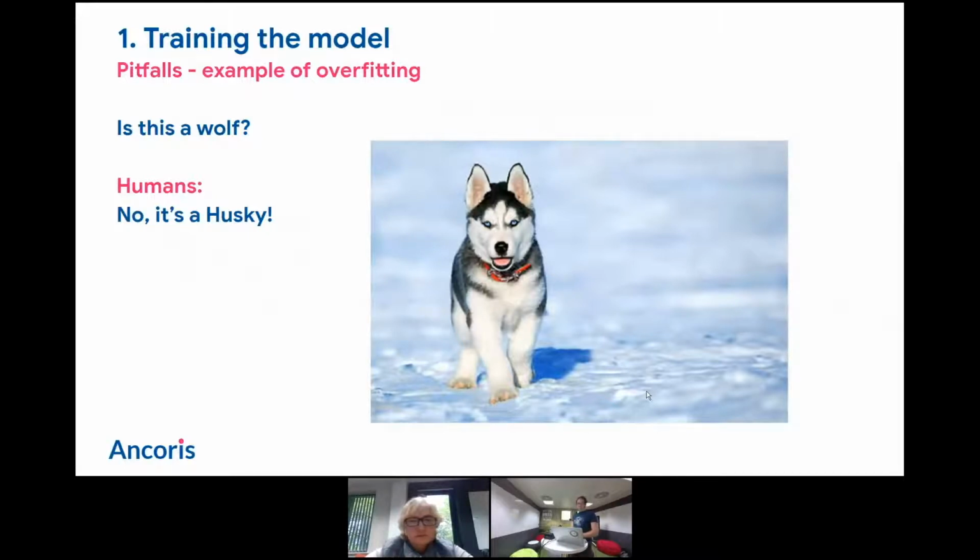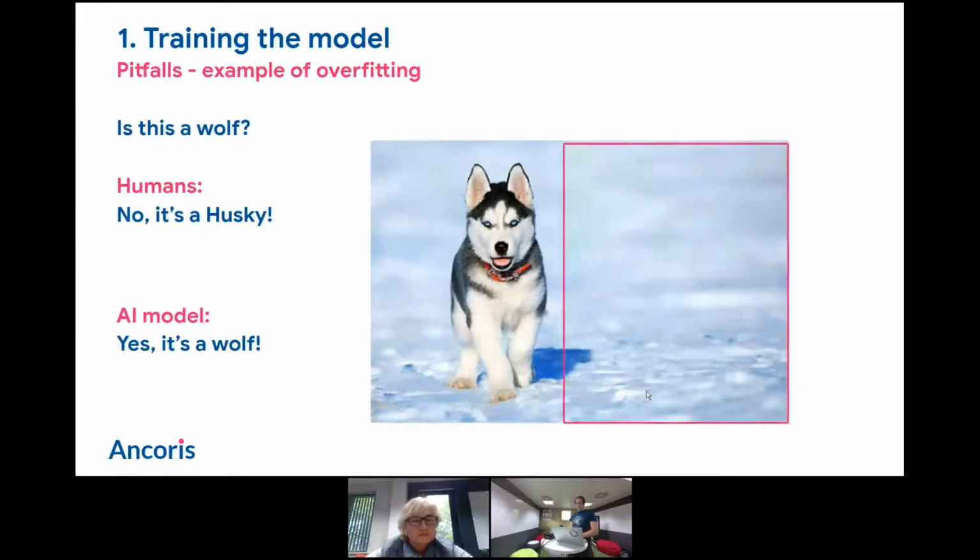Now the AI model, interestingly, if you were to feed this image into the AI model that they trained, flagged it as a wolf. So it didn't get it right, which is 1 to the humans, 0 to AI. The reason for that was basically overfitting.